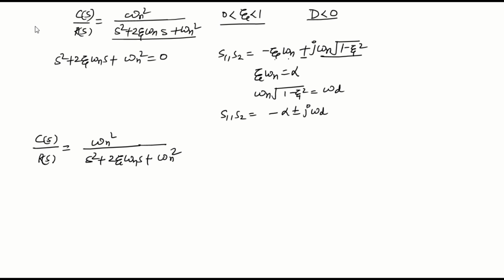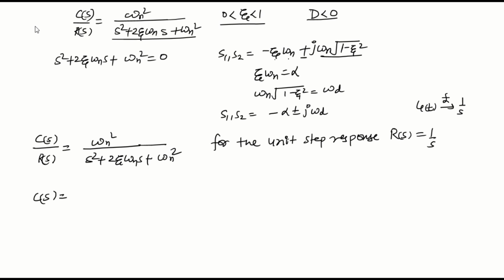For the unit step response, the value of R(s) is 1 by s, since the Laplace transform of u(t) is 1 by s. So in this case, the response C(s) will be omega n square.